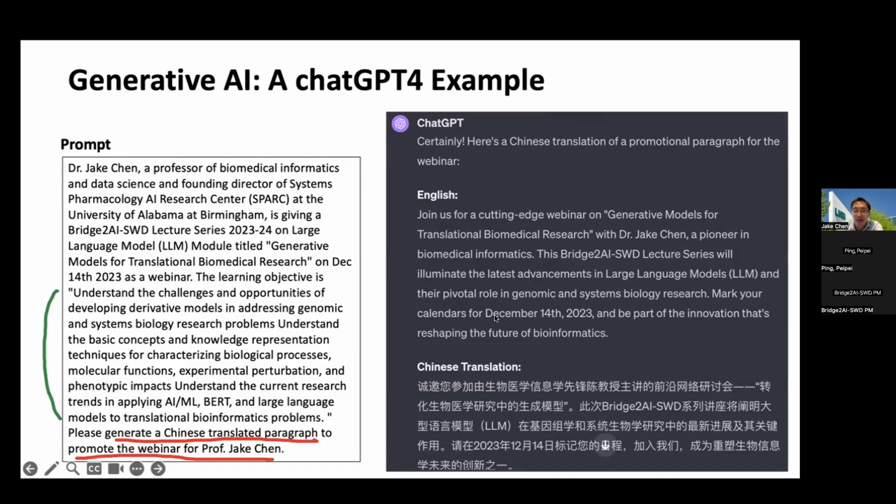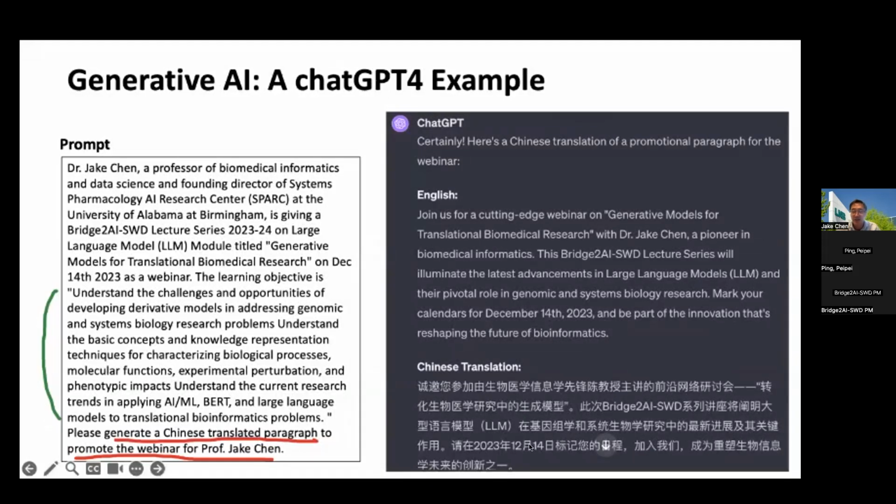Mark your calendar. I didn't say calendar. So the generative AI is able to fill in the void and sound very promotional, and be part of the innovation that is reshaping the future of bioinformatics. But those of you who read Chinese, you see that the Chinese translation is also pretty good.